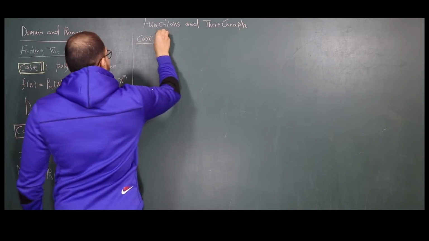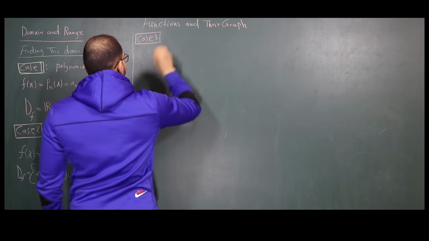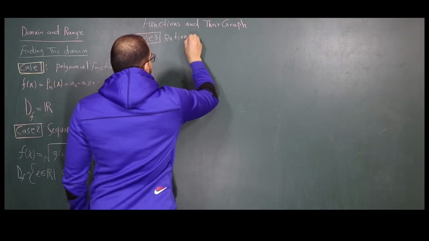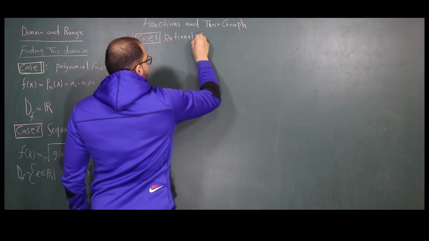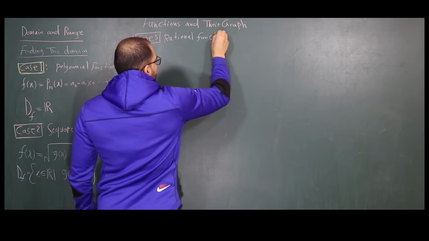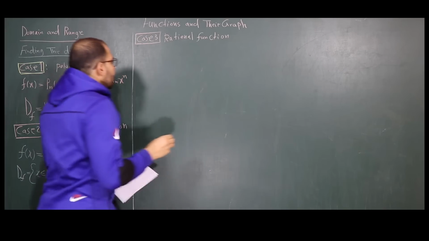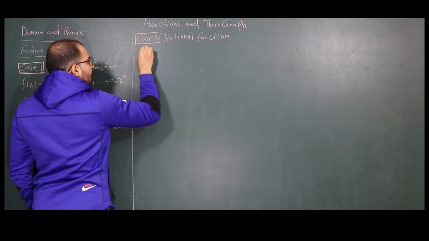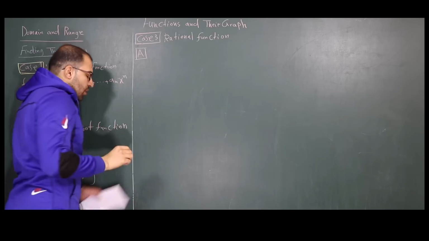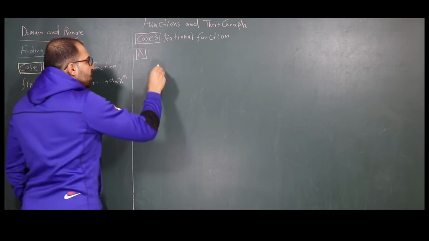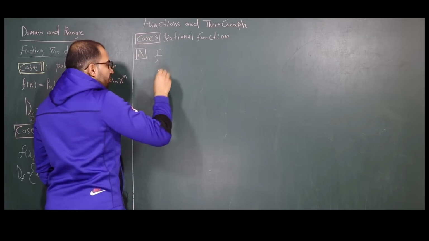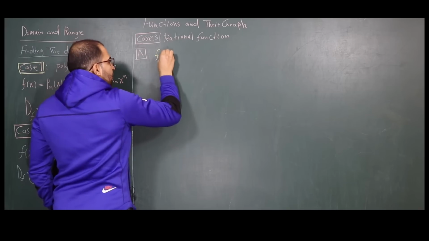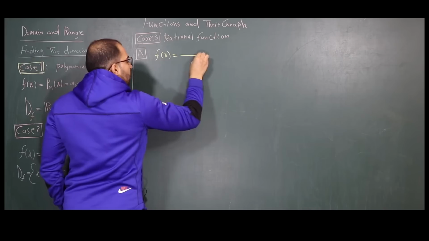Case 3, the rational function. Let me now divide case 3 into part A and part B. Part A: f of x is just a rational function.